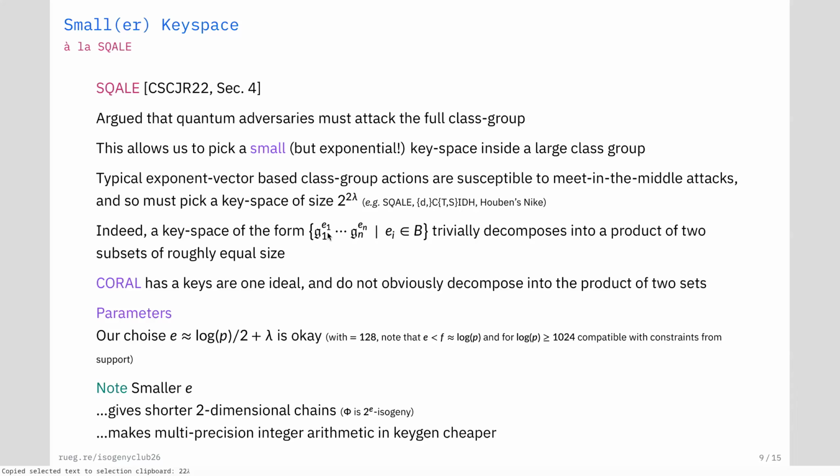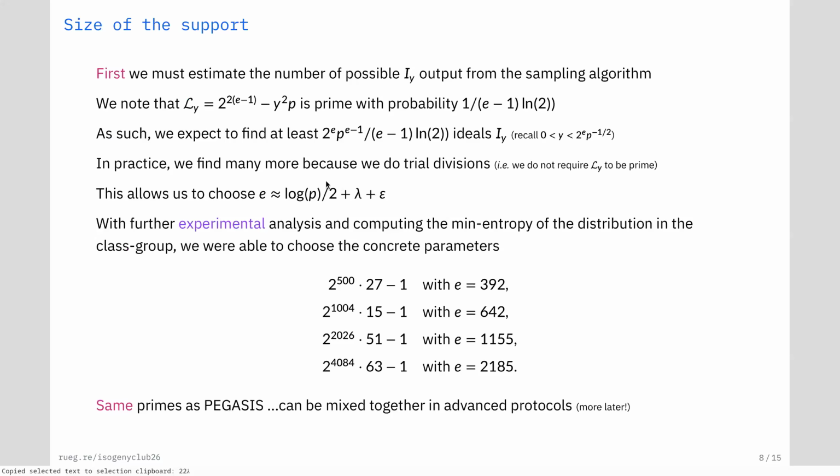In Coral, one way of seeing Coral is also kind of an exponent vector choice, but you already have exponentially many choices in the first ideal. You pick one ideal, and there's already an exponentially large choice. Recall that when E is of size log P over 2, we have roughly 2 to the lambda ideals to choose from, and that's already enough.